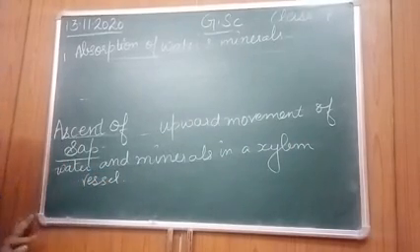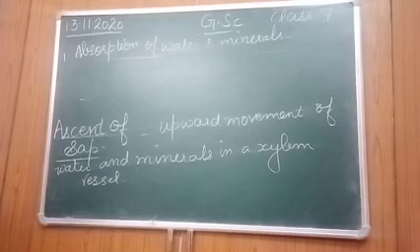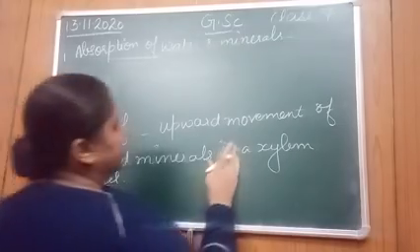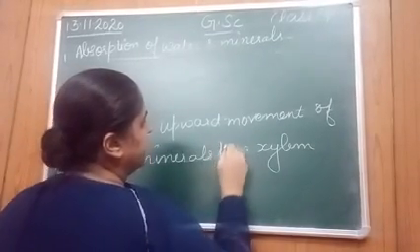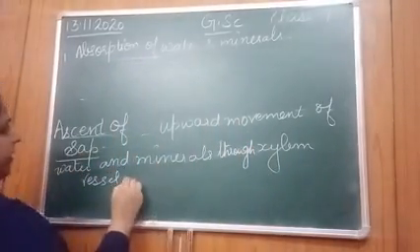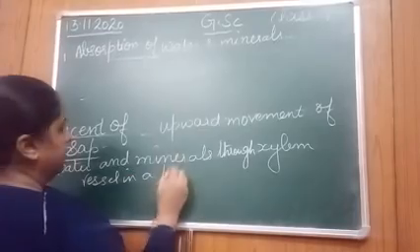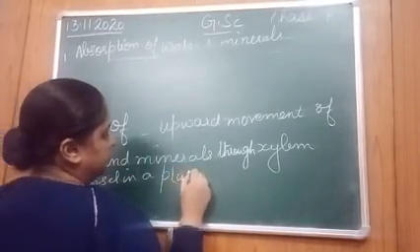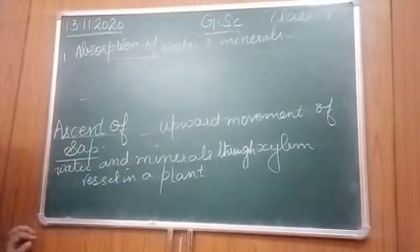It is known as ascent of sap. It is through a xylem vessel, not in a xylem vessel. Right? Is that clear to all?